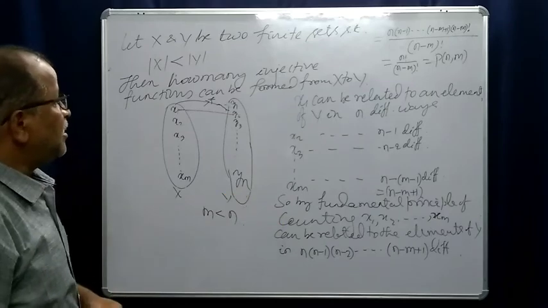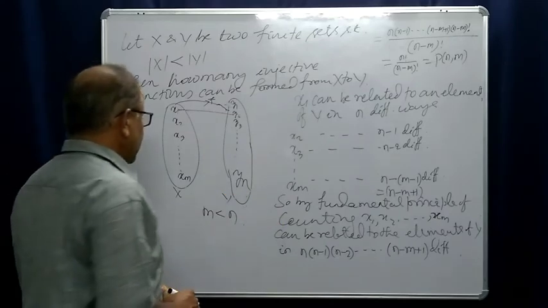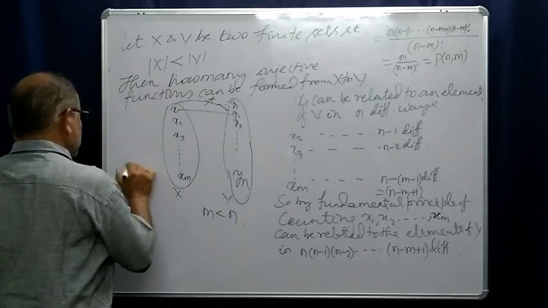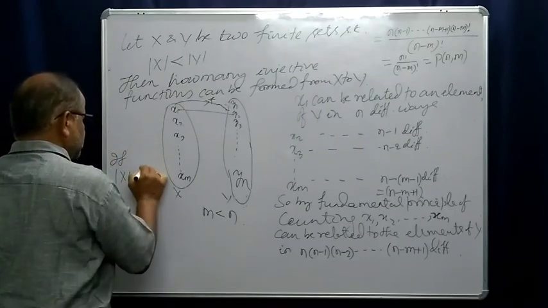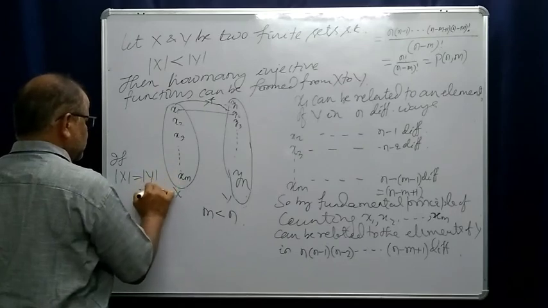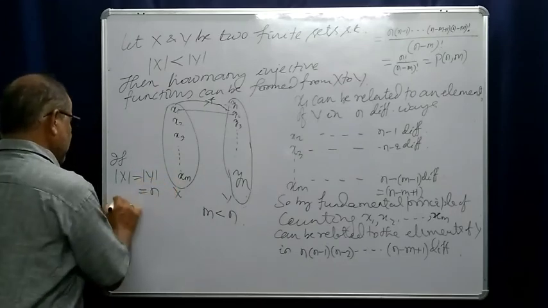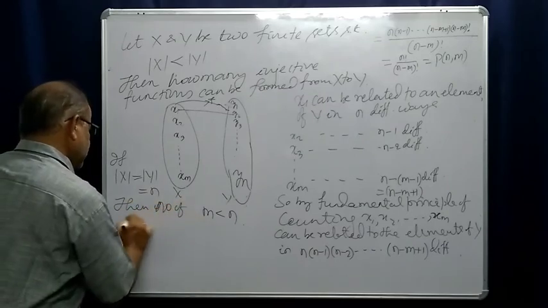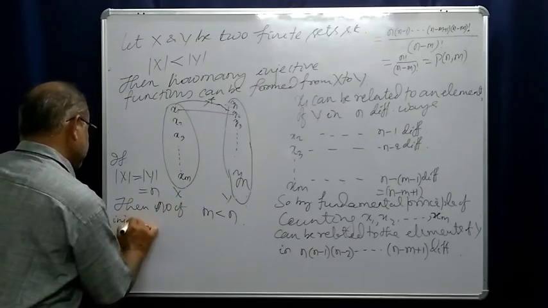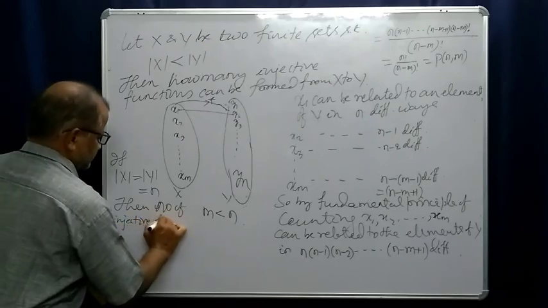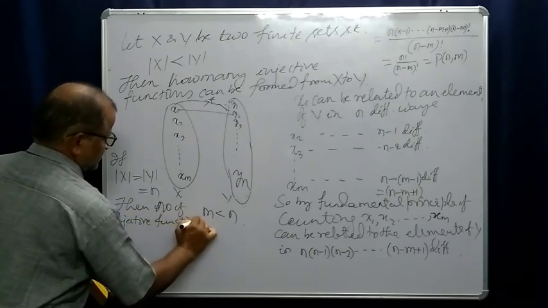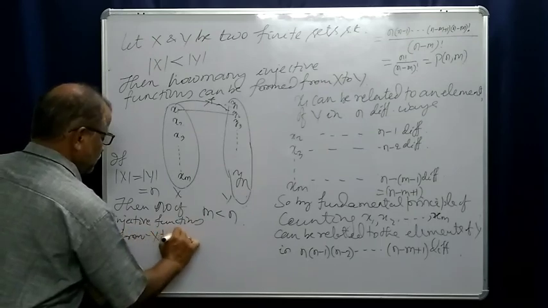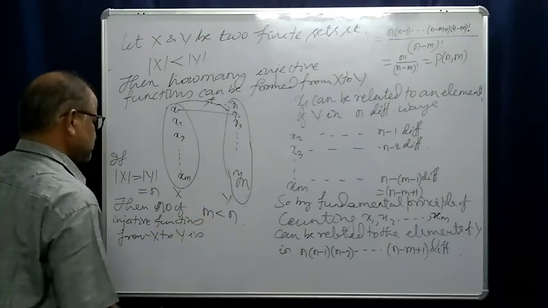Okay. And similarly, if cardinality of x is equal to cardinality of y is equal to n, say, then the number of injective functions from x to y is what?